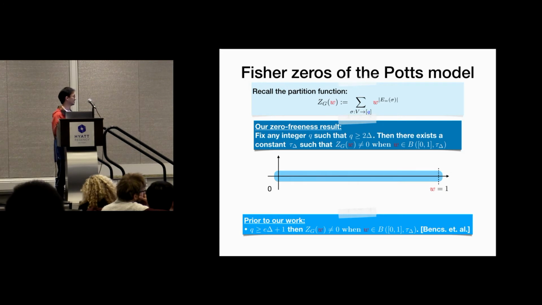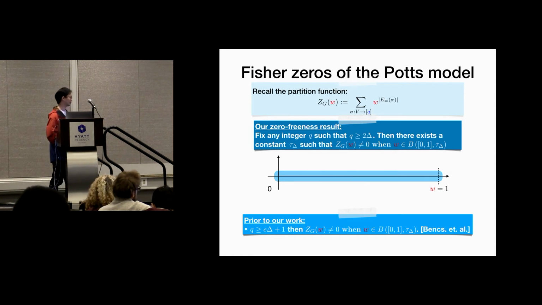So crucial in our work is a new zero-freeness result, establishing that when q is at least 2 delta, then the partition function does not vanish in a rectangular strip containing the interval from 0 to 1. Prior to our work, the best known result still requires e times delta plus 1.